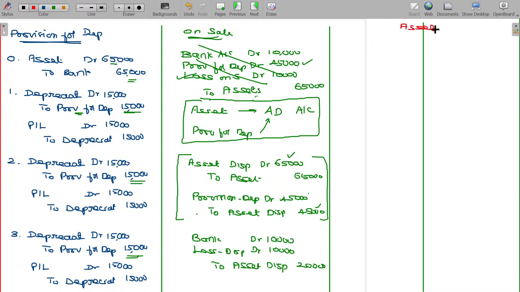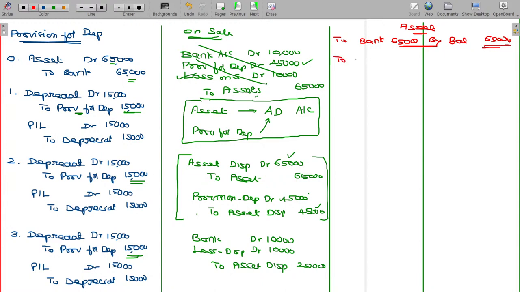Asset account to bank on purchase 65,000; that remains as it is, no change year after year. First year, that becomes the balance as it is, no change.